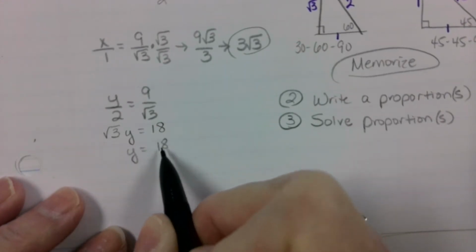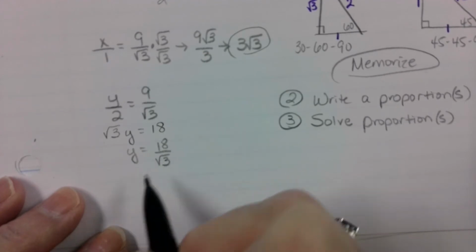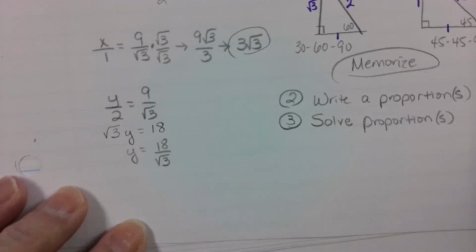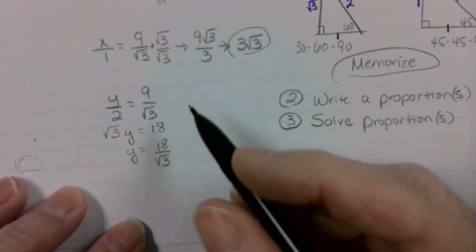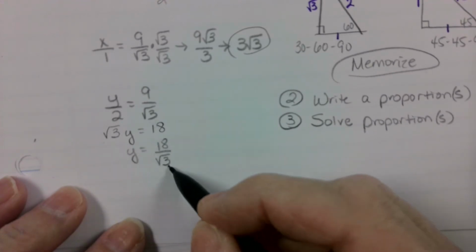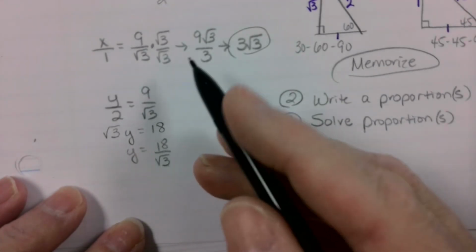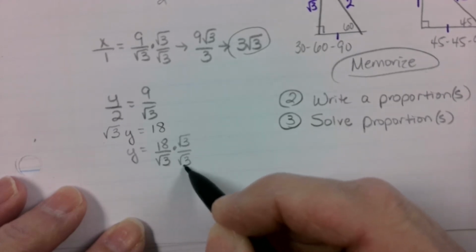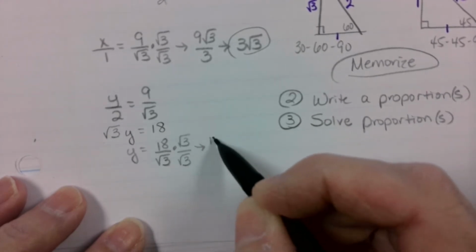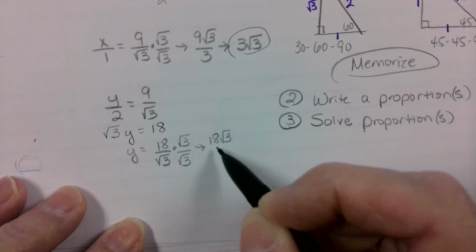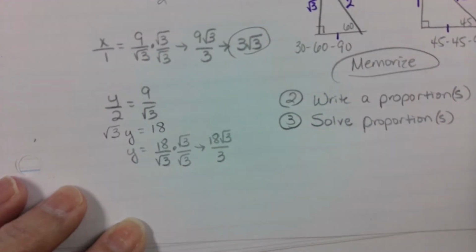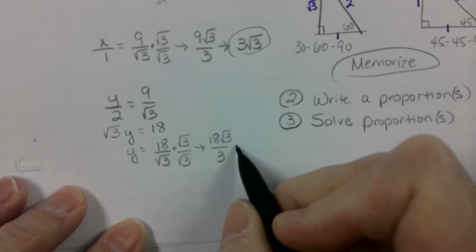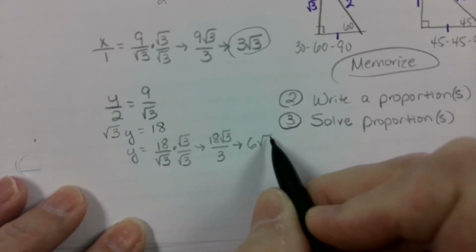So I have 18 divided by the square root of 3. Then I need to do the same thing to this one that I did up here. I'll multiply it by the square root of 3 over the square root of 3. That gives me 18 times the square root of 3 in the top, 3 in the bottom, and of course that reduces to 6 times the square root of 3.